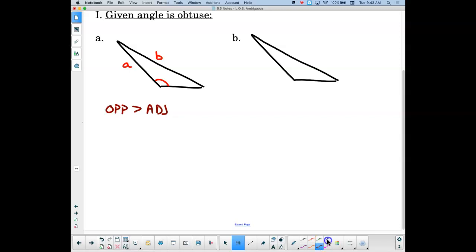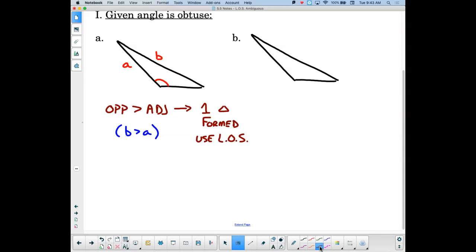So that would be B is greater than A. If that's the case, we only get one triangle. We use the law of sines like we've been using the law of sines since last Thursday. Bada bing, bada boom, we're done. Move on with your life.